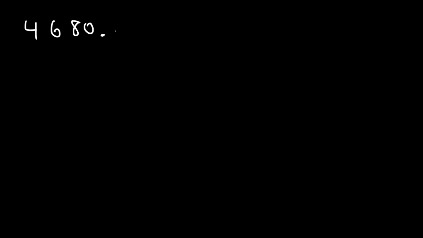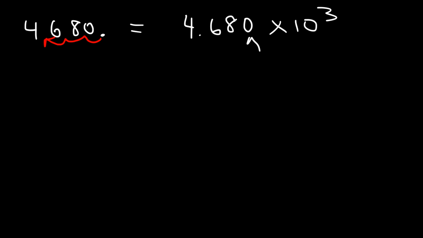Our goal is to move the decimal between the first two numbers, that is between 4 and 6. 1, 2, 3. So we got to move it 3 units or 3 spaces to the left. So it's going to be 4.680 times 10 to the 3. Now you really don't need the 0. You could add it if you want to, but we can leave the answer as 4.68 times 10 to the 3.